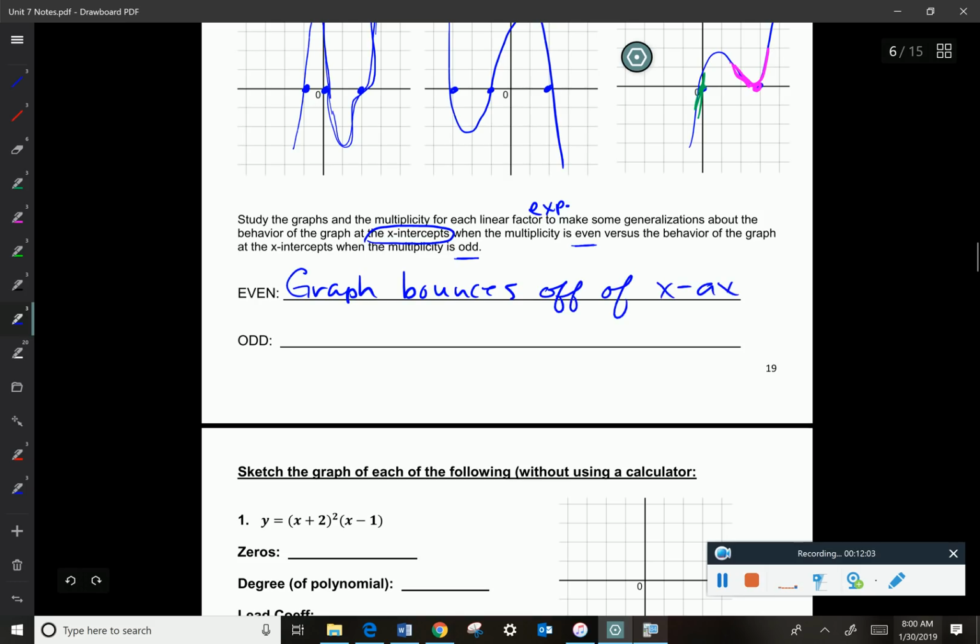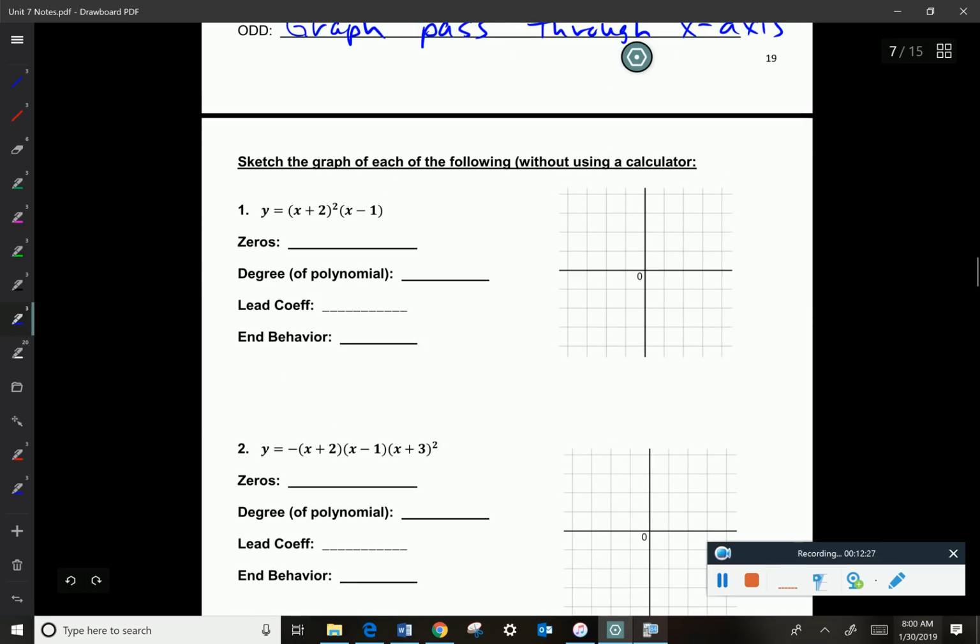In other words, it doesn't actually pass through the x-axis. It comes down, it touches it, and goes right back. And then if it's an odd multiplicity, those are the kind where the graph actually passes through the x-axis. Okay, so let's put all of this together, including what we learned yesterday.